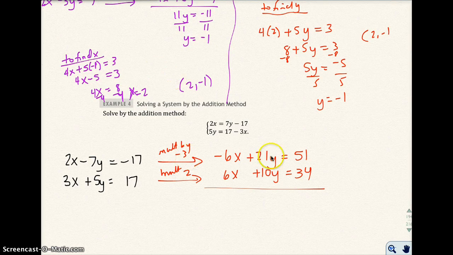Okay, now this will eliminate the x's. I get 31y equals 85. Okay, so now I divide both sides by 31, I get y equals 85 divided by 31, which is not a very nice number, so I leave that as 85 over 31.